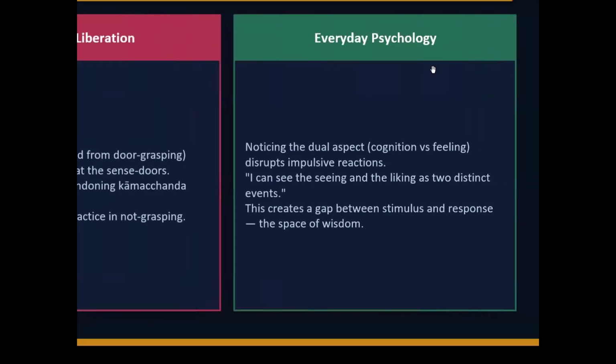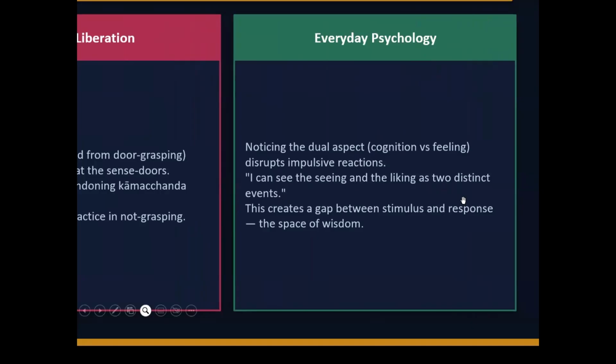So when you do everyday psychology, you're noticing the dual aspect, cognition versus feeling. Cognition recognizing and then feeling. Disrupt impulsive reaction. I can see the seeing and the liking as two distinct events. So you have a capability of cognition and feeling, seeing and the liking as two distinct events.